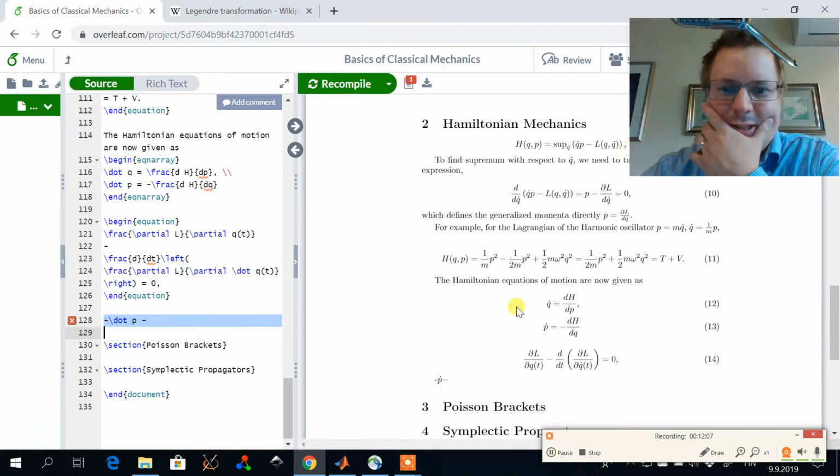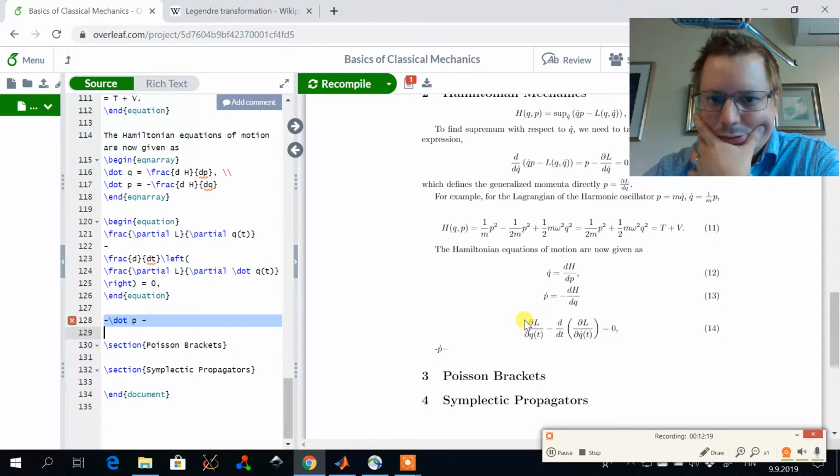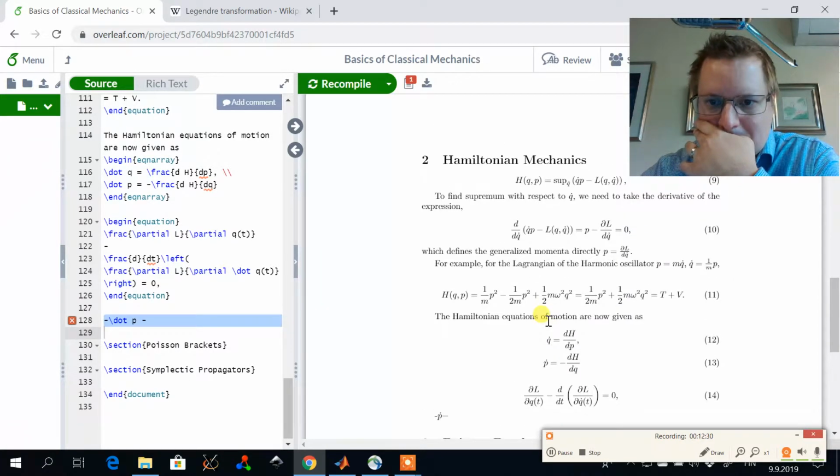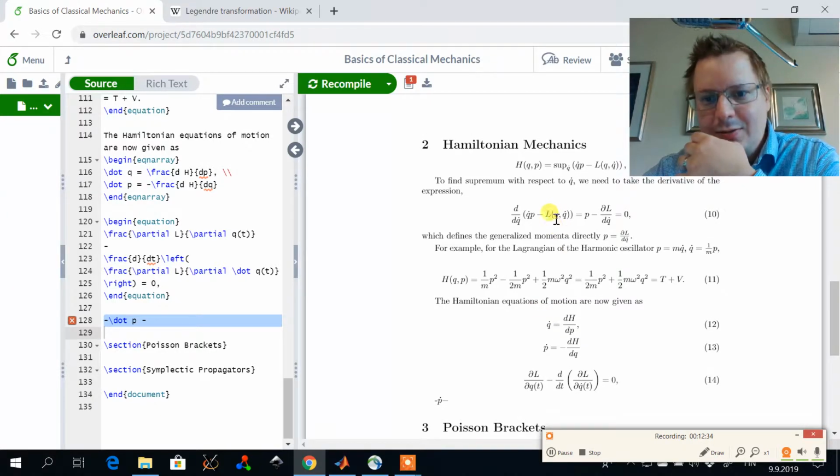So the point is that the Hamiltonian no longer depends on q dot. So I think I can then just substitute L with H here, because we are not changing the coordinate q at all.